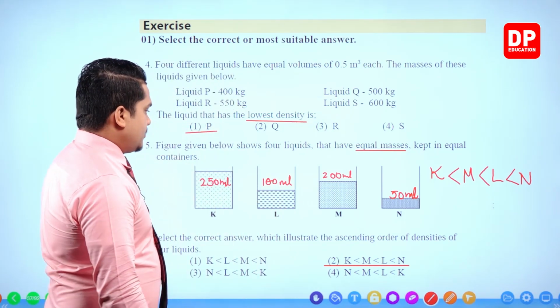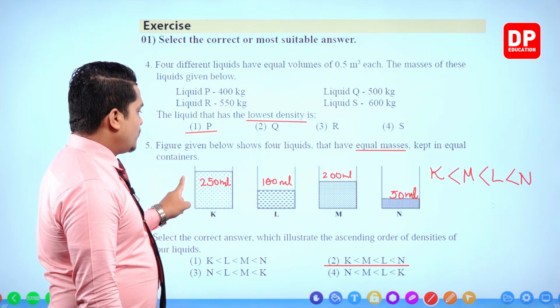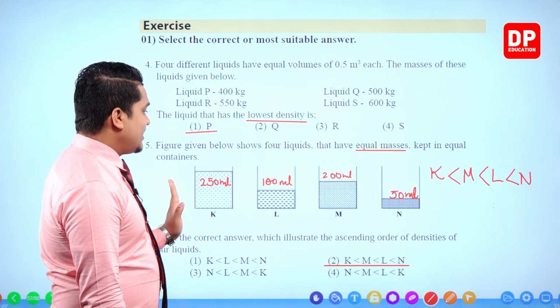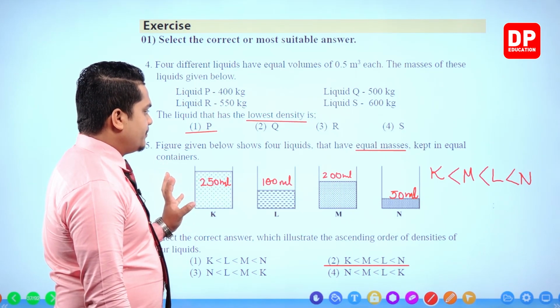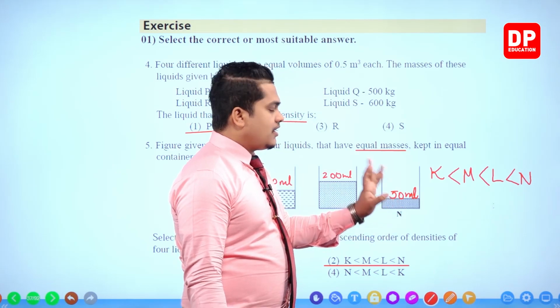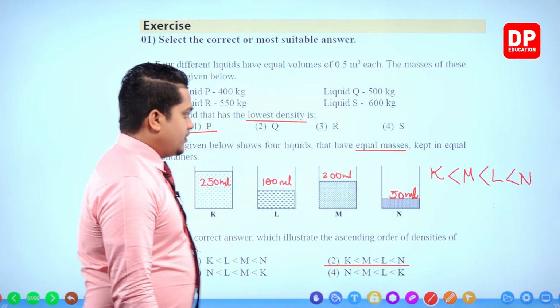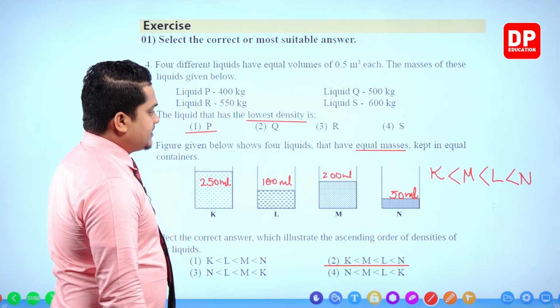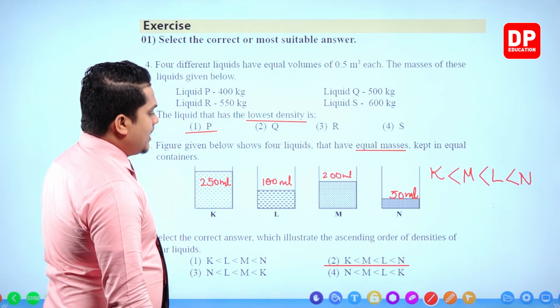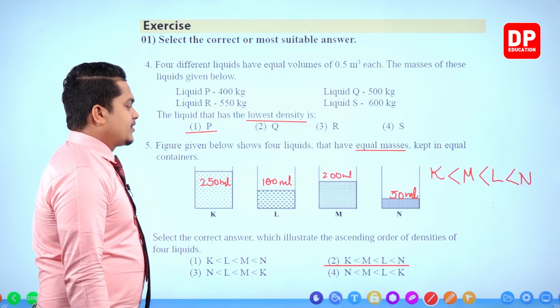Here this one is having 250, so it has a higher volume and therefore a lower density. This one has low volume, therefore high density. So when you arrange it in ascending order, the answer would be K, M, L and N.